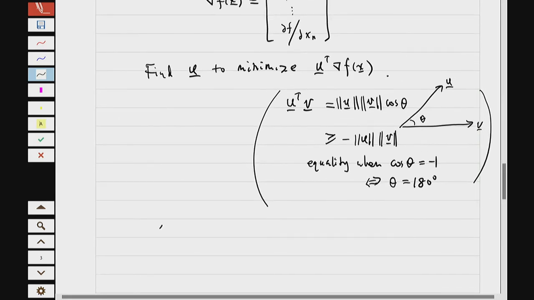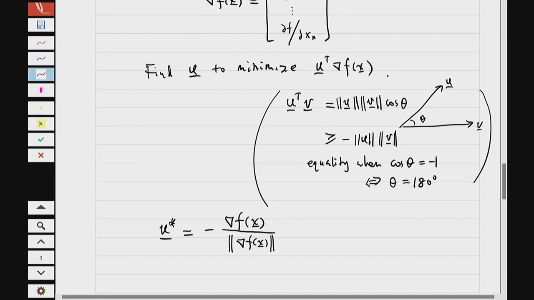Therefore, we know that the optimal u should be the negative of the gradient, right? Because we want to minimize this product. But we also know that our u has unit norm, so we still have to normalize, dividing by the norm of the gradient.